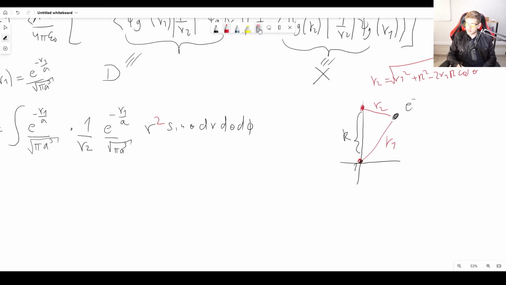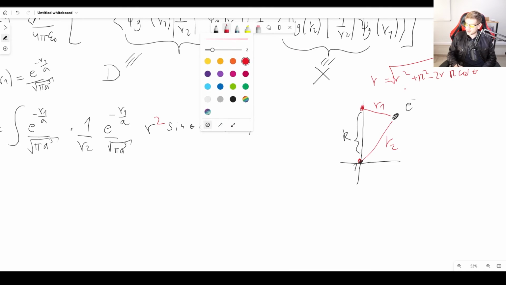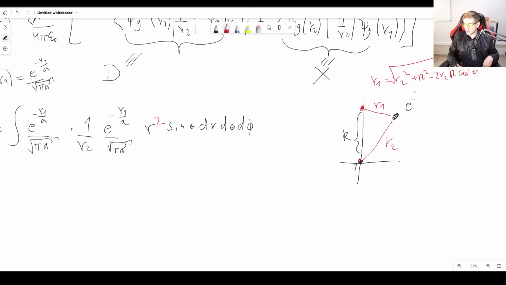So for that reason, I'm going to this time change the names. This time, R2 is this, R1 is this. As I mentioned before, it doesn't matter. So there we go. So we simply change the names. This will be then R1 and R2. So that means that now we get rid of R1 and we are only left with R2.